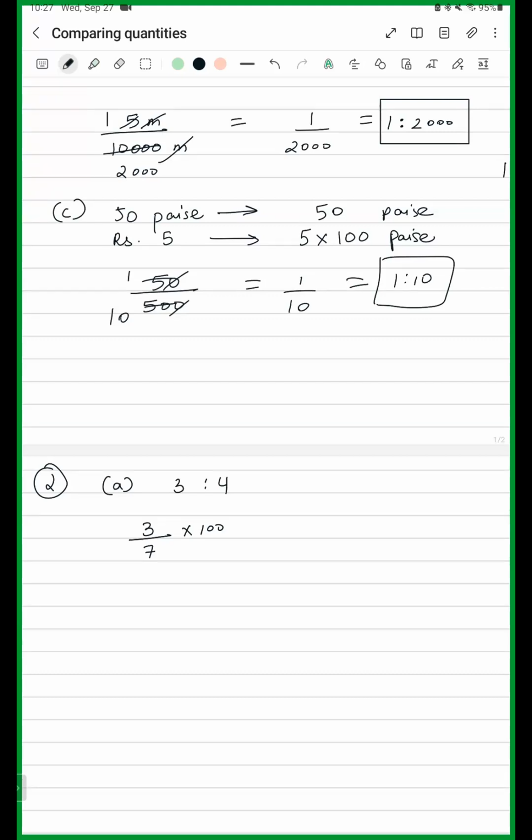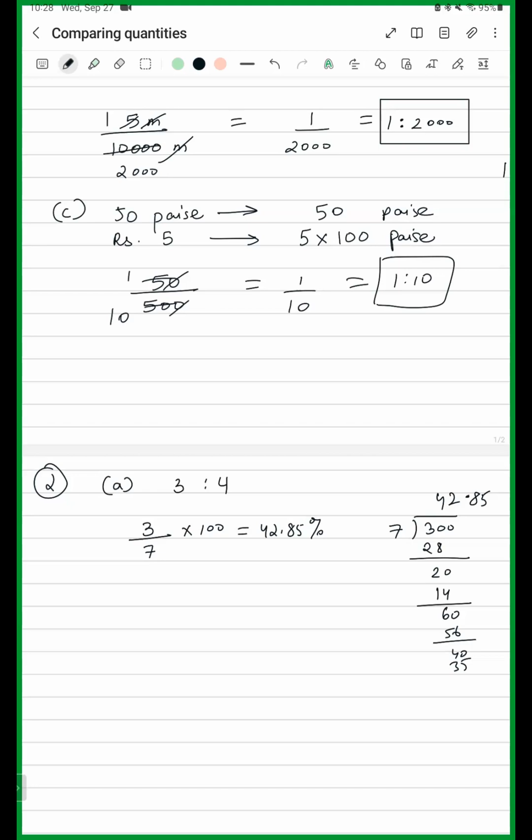No, you have to convert into percentage, means you have to do it like this. You have to do 300 by 7. So it will be 7 fours are 28, and this will be 20. 7 twos are 14, and 6. 7 eights are 56. 7 fives are 35. So this will keep on going, so we can just stop at 2 decimal places. We will say this is equal to 42.85%.